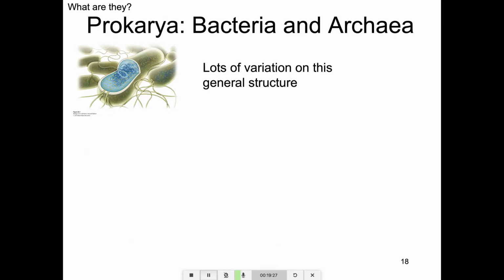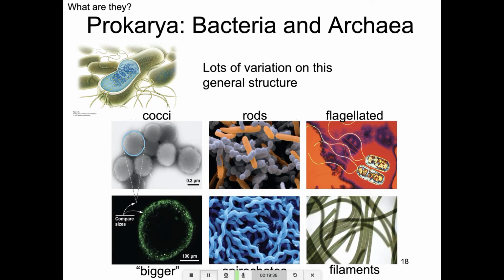When we look at this general form of a prokaryote, there's actually a ton of variation on this general structure. We can find them in these round things called cocci, and they can vary in size from 0.3 micrometers all the way up to one of the largest prokaryotic cells that we know about, that's 100 micrometers, almost 200 or 300 micrometers in diameter.